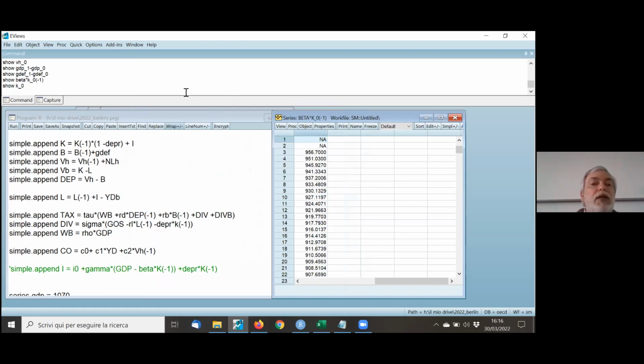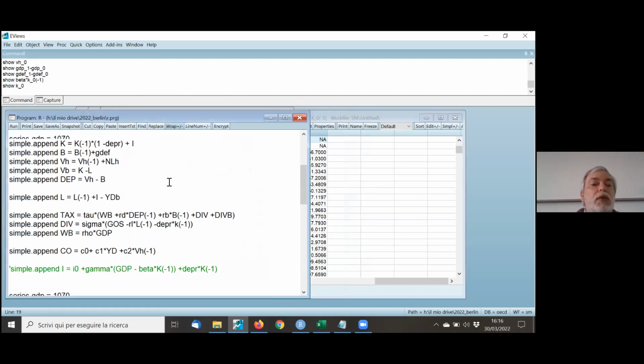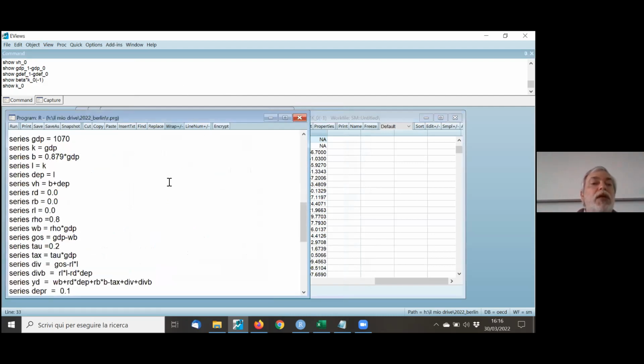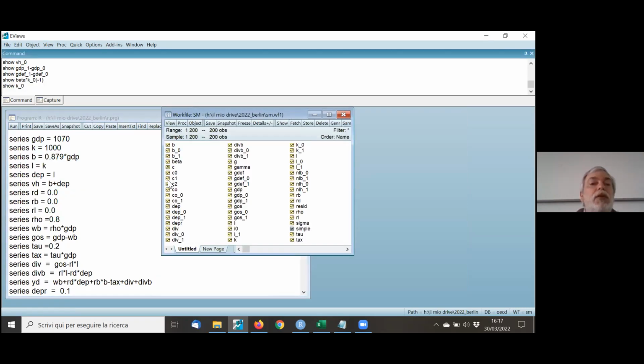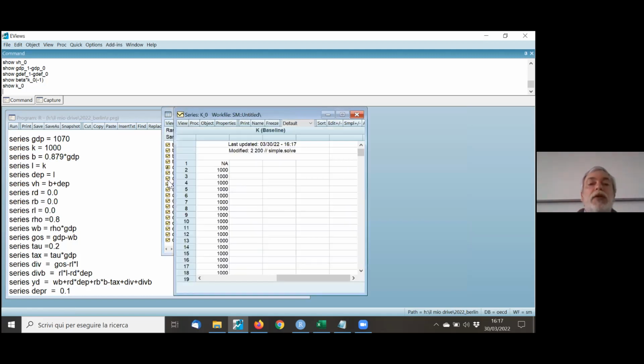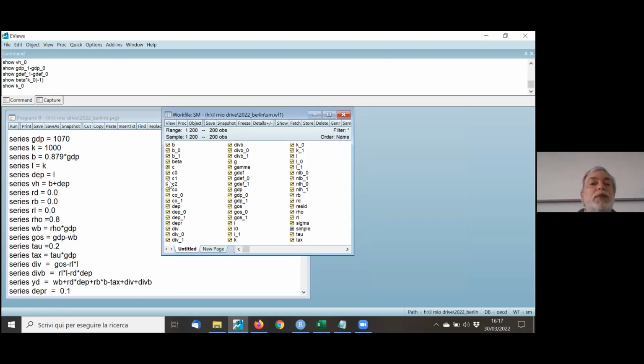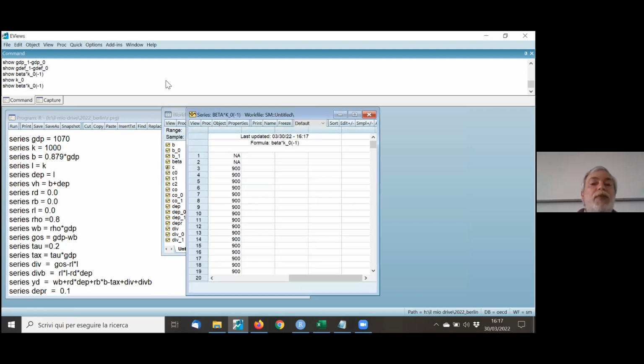But DPR is, oh yes, because I put it at 1070 now. If I put it at 1000, now it is constant. So looking at beta times this one, we have 900.